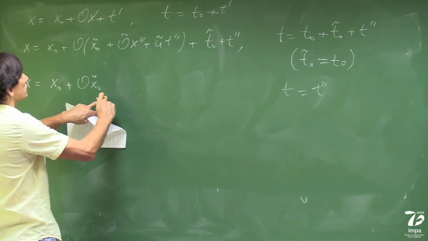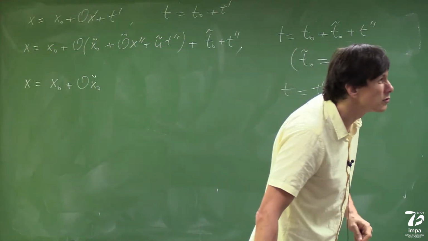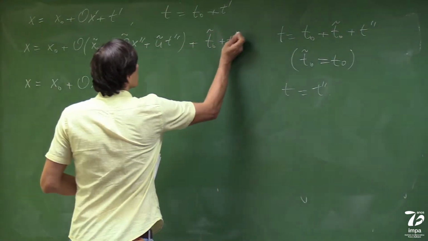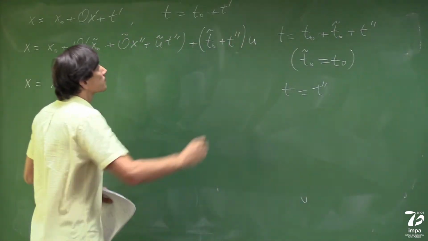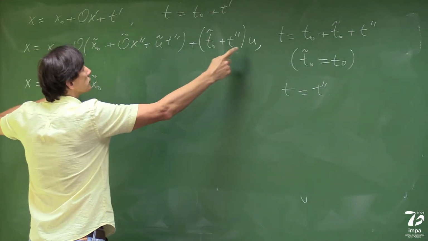Then you get, no, I forgot, it was u multiplied by u.